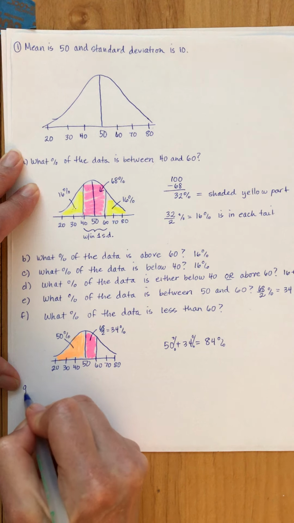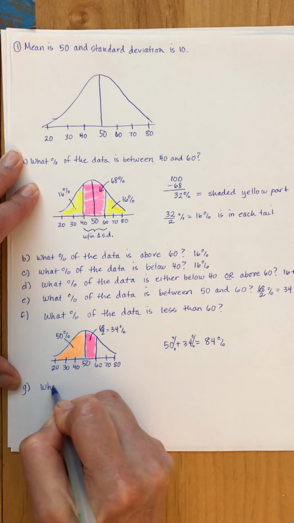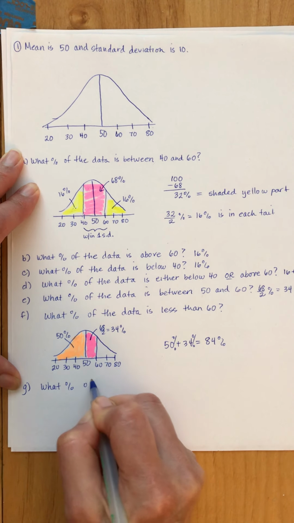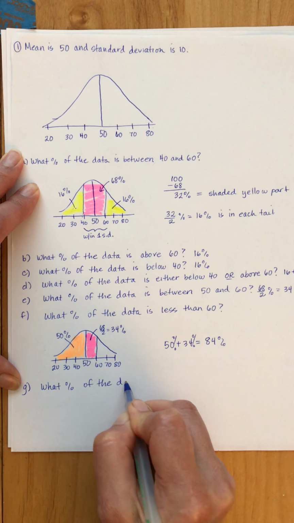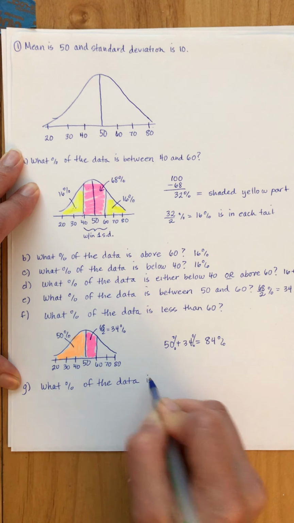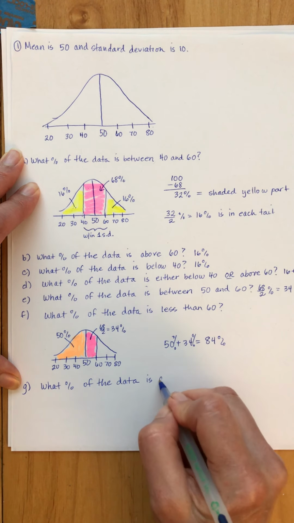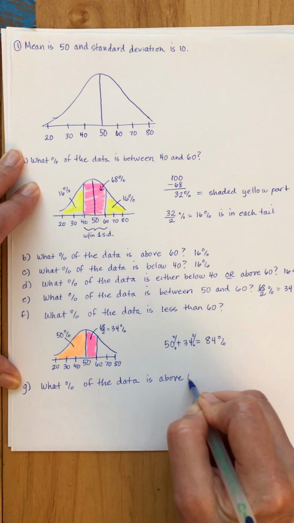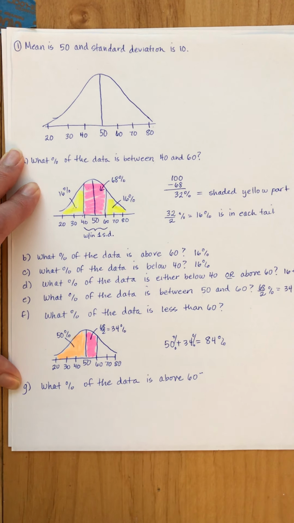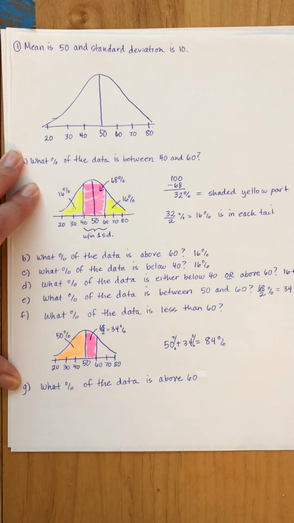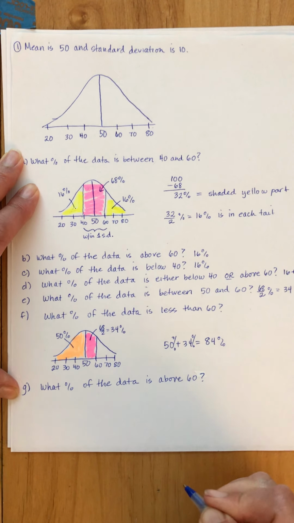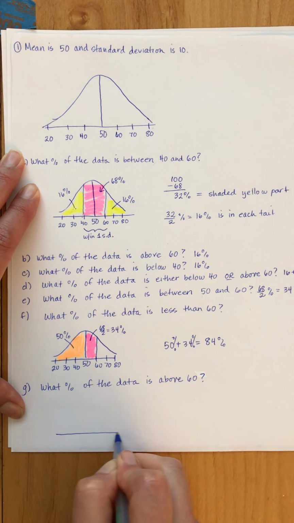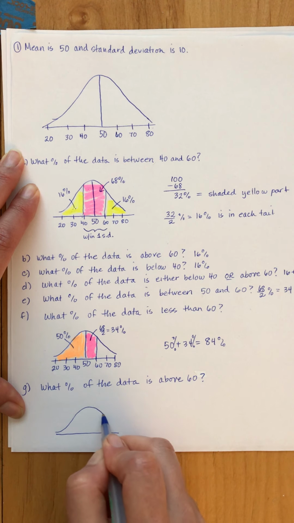What if I ask you in part G, what percent of the data is above 60? Oops, just 60, not percent, the number 60. Okay, so now let's take a look at the picture here.